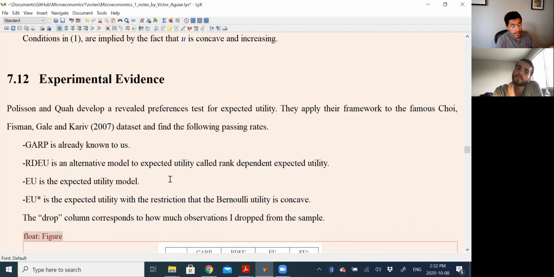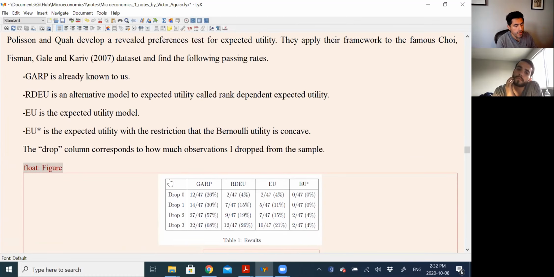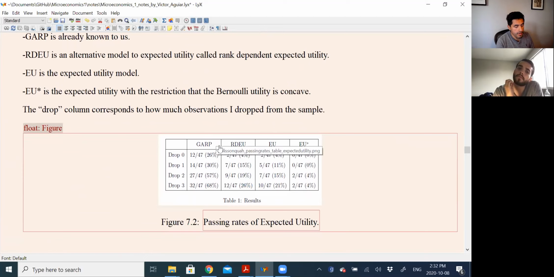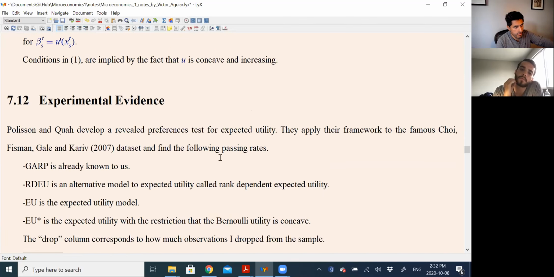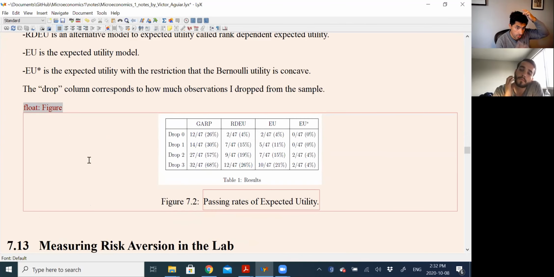So we go to the data set, this is the data set with two goods. We test GARP. We know that GARP fails in most cases. And basically without dropping anything, it's just 26%. This is this particular Carbone 2007, so two goods only. So it's different from the one you're working on.